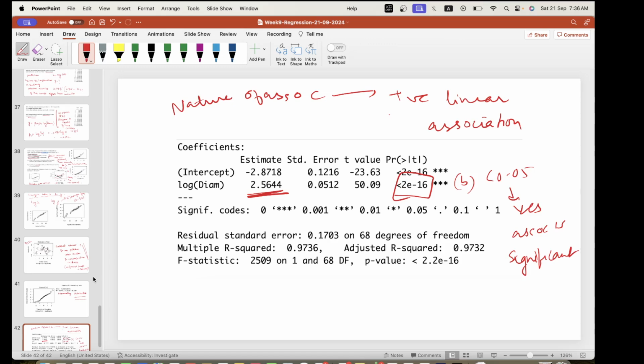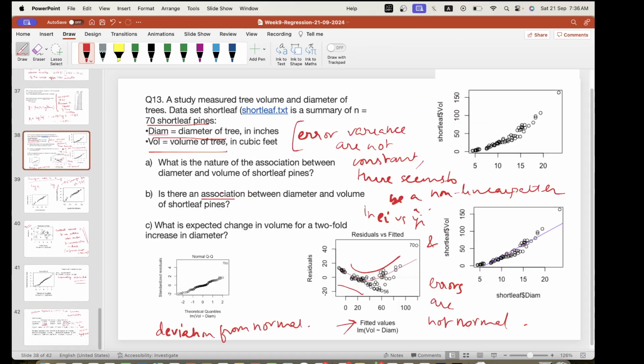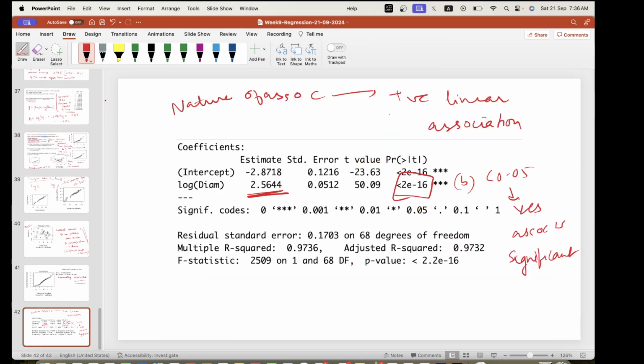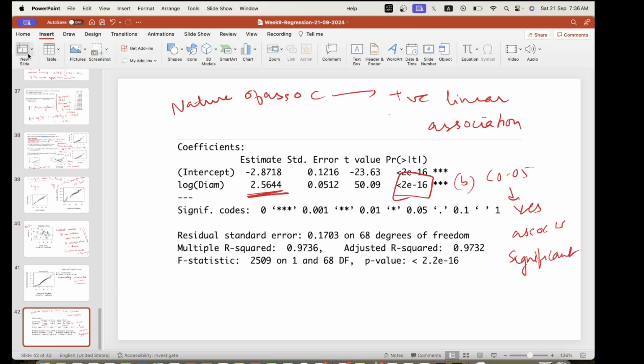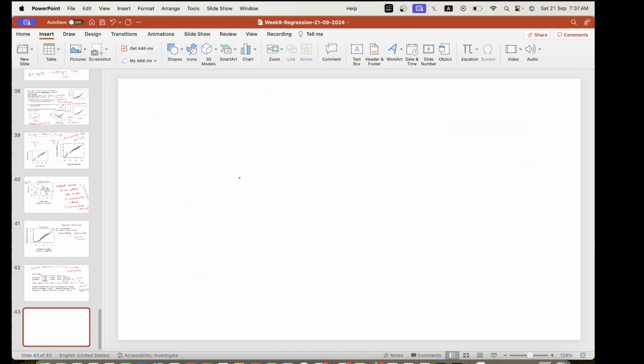And then the final question is, what is the expected change in volume for a two-fold increase in diameter? So the model is actually this: log y equals beta naught plus beta 1 log x.